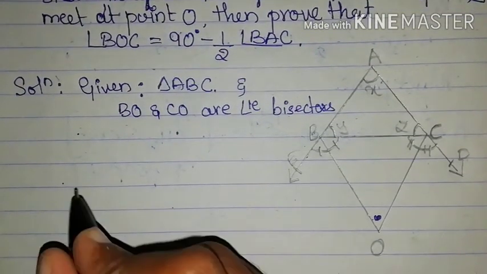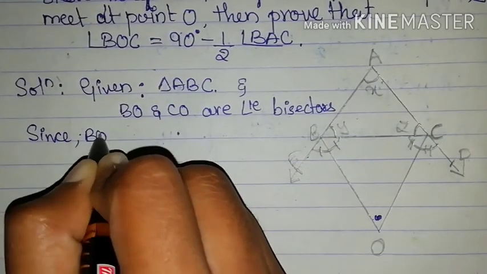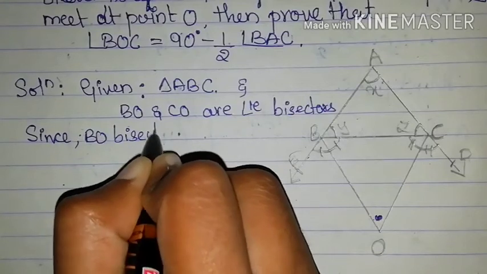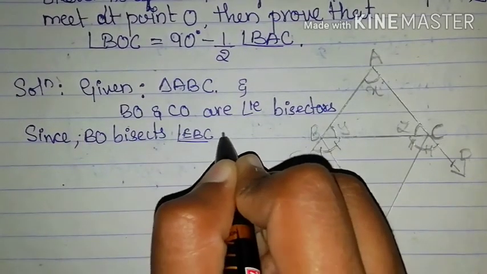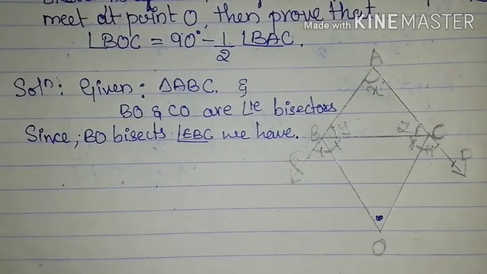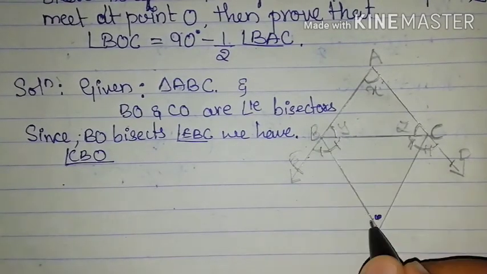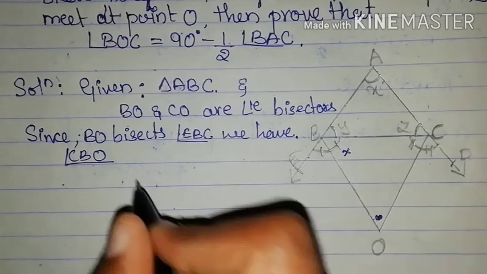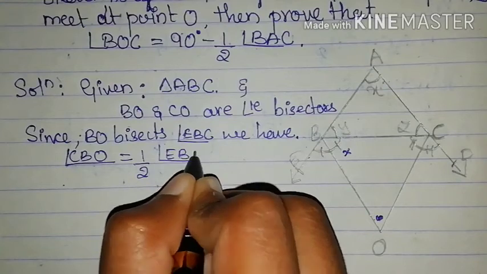Now, since BO bisects angle EBC, bisecting means the angle has been divided into two equal parts, we get angle CBO is equal to half of angle EBC.